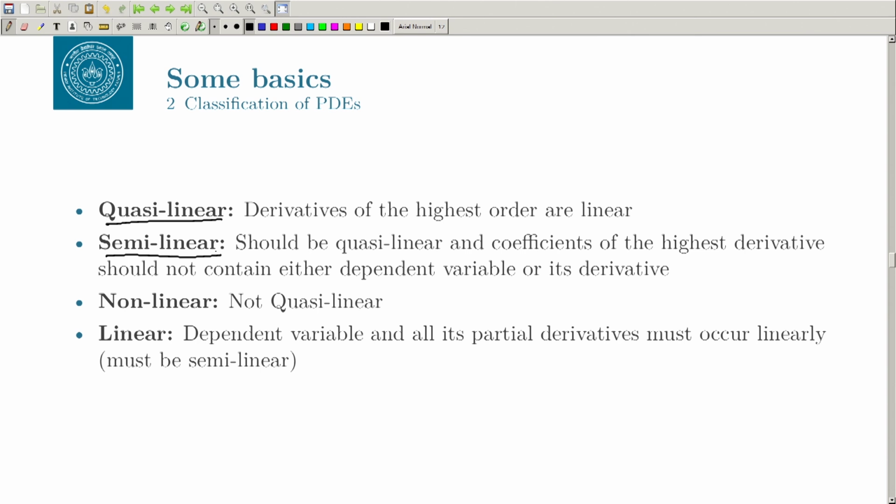So, quasi linear means, for example, that the derivatives of the highest order are linear. Let me write an example: del square u by del y square plus del square u by del z square is equal to 0.